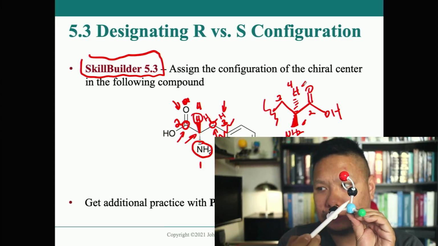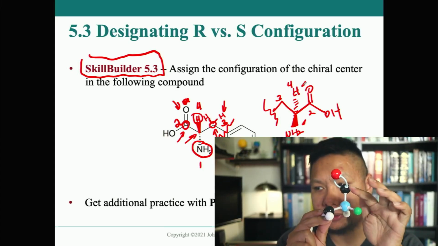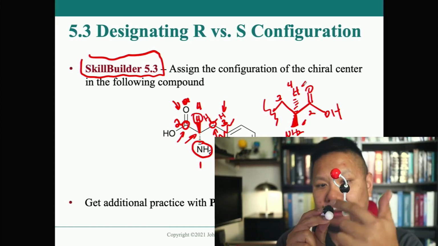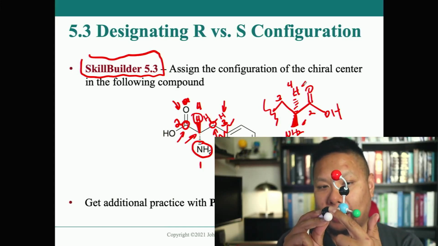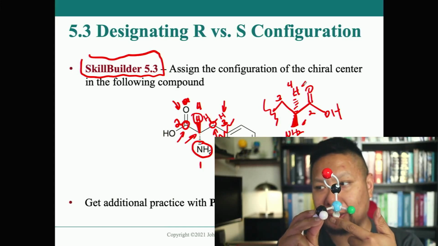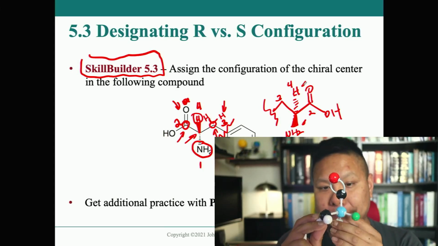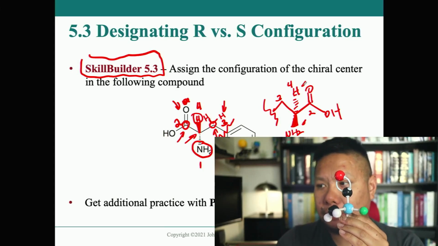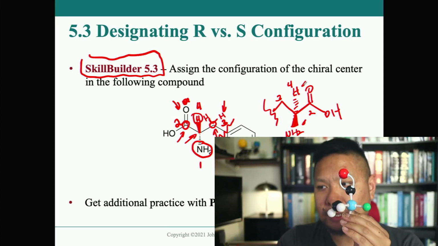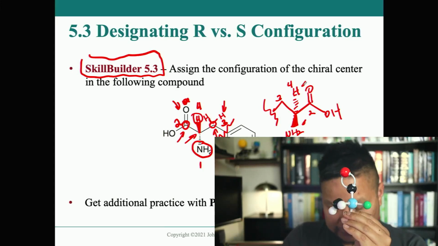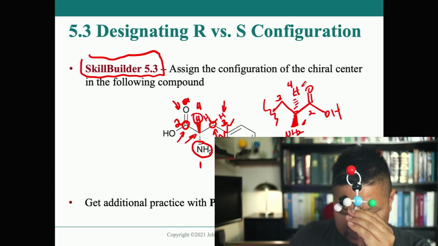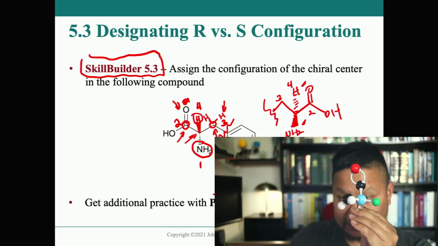And then this carbon here, and then this hydrogen back here. So 1, 2, 3, 4. Okay. That's counterclockwise. So this is an S molecule. Okay, that's an S.